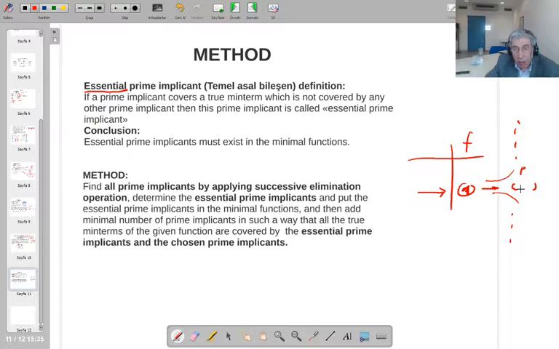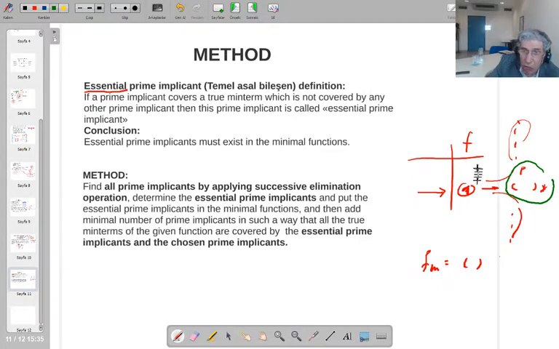What does this mean? If you write your minimal function which includes all the prime implicants apart from this, and write this f minimal as the summation of all these product terms except this one, I could say that this minimal function is not equivalent to the original function, because this minimal function won't be equal to 1 for this row.